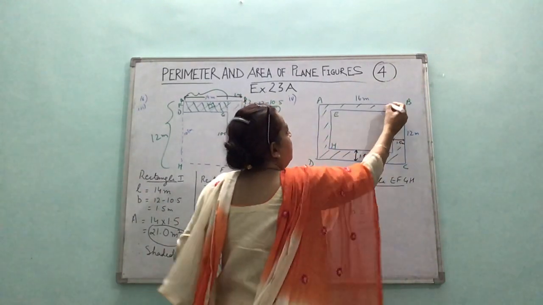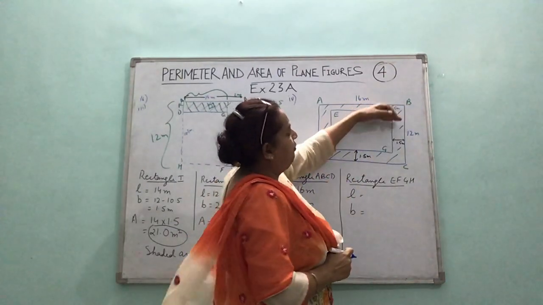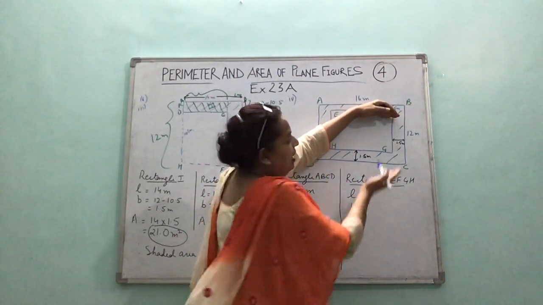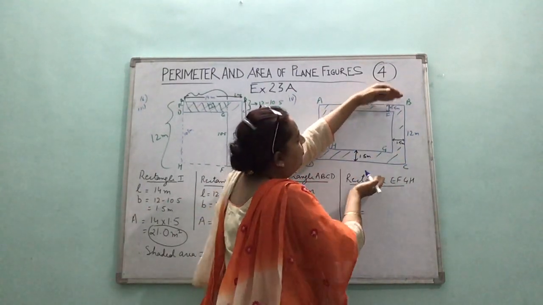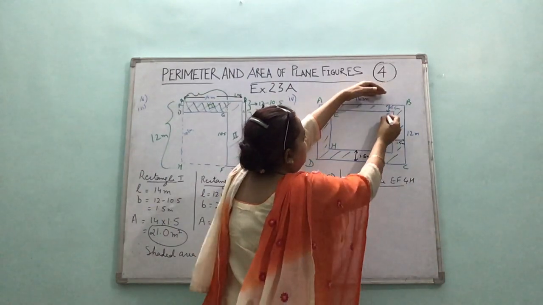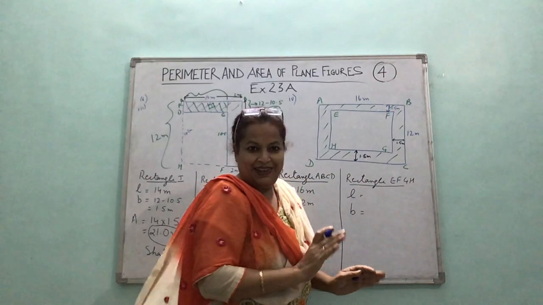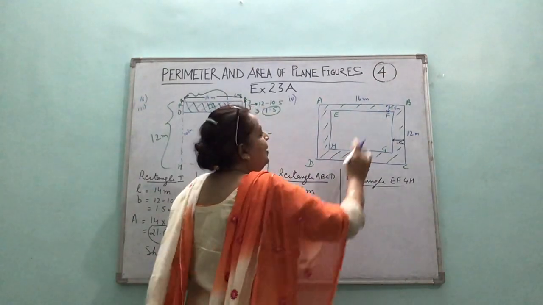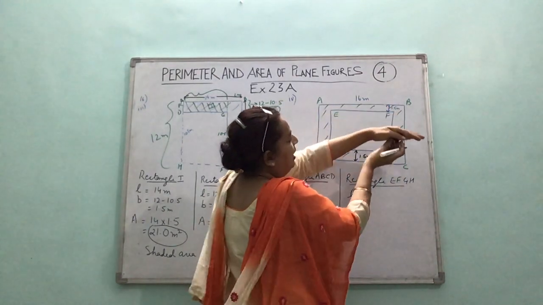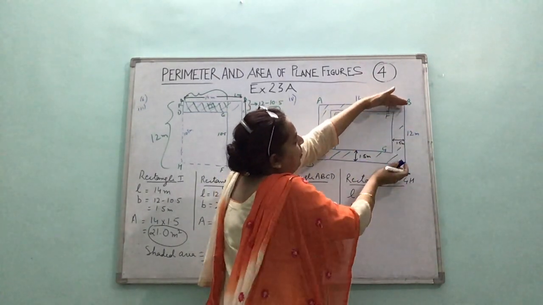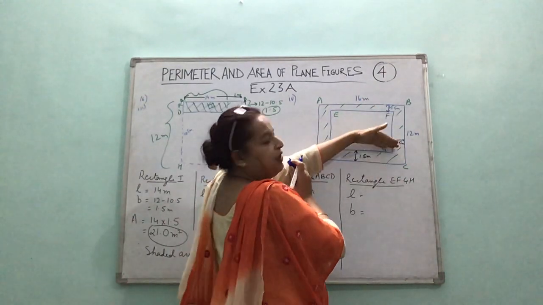This is also 1.5 meter. So 1.5 meter less from here and 1.5 meter less from the bottom also. So that is for the width: the width of the smaller rectangle would be 12 minus 1.5 from top and again 1.5 from bottom.